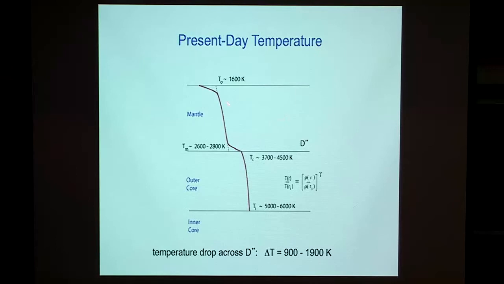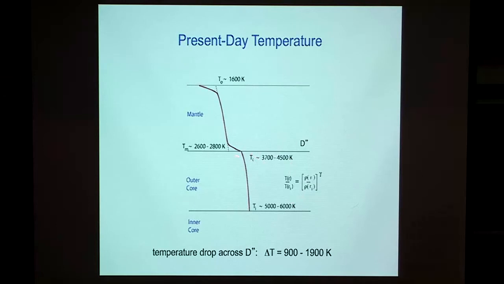But we know something about melting temperatures. We know thickness of oceanic crusts. We know something about temperatures near the surface, mantle temperatures near the surface, and we can extrapolate those down to the base of the mantle and get estimates sort of in this range. And as Paul also mentioned, we know something about the melting temperature of iron, although hotly debated, and we can extrapolate that up along an adiabat, say, knowing the densities and the Grüneisen parameters, to get sort of estimates of the core side of the boundary sort of in this range.